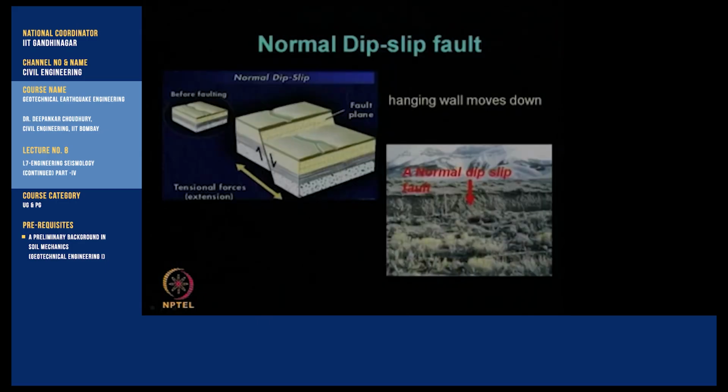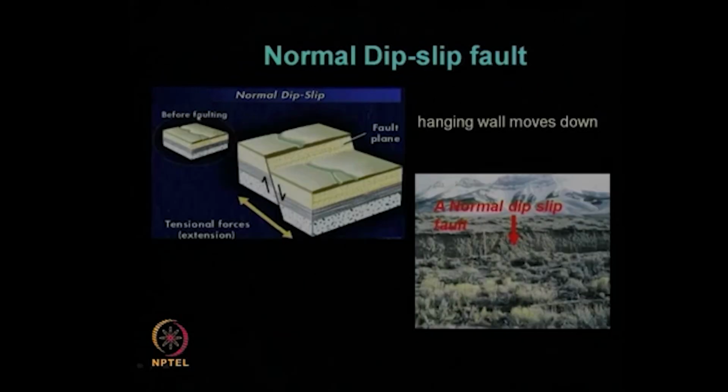Let us discuss a little bit about each of these faults. So, normal fault, normal dip slip fault, what is that? As we have mentioned, before the faulting, the rock block was a single one, and then through the weak plane there is a movement, and the movement is perpendicular to that weak plane.